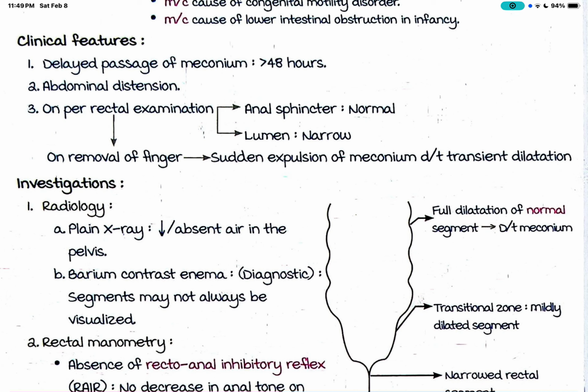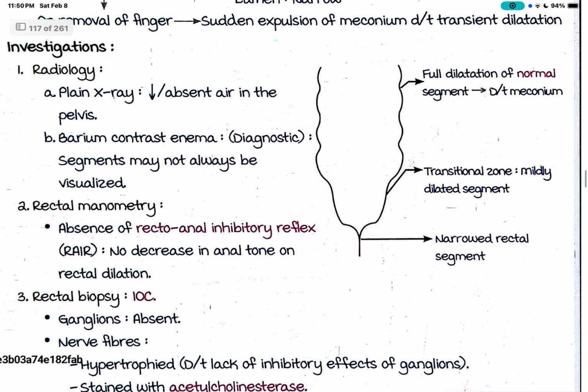On per rectal examination, anal sphincter tone is normal but the lumen is very narrow. On removal of the finger, there is sudden expulsion of meconium due to transient dilatation.